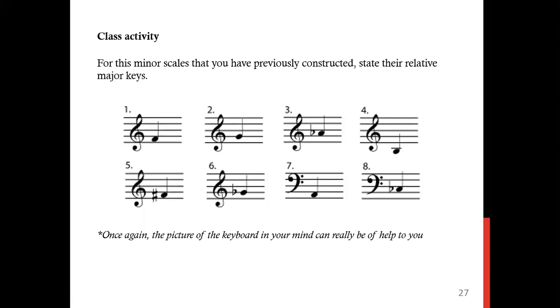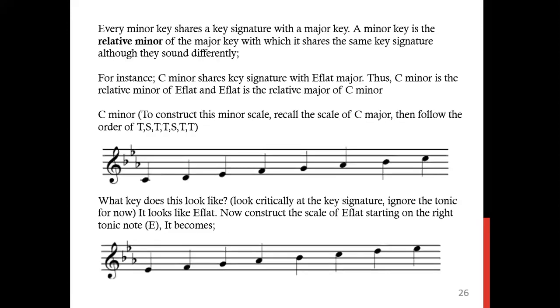You don't need to construct that major scale. Just tell us what it is. For example, the example I gave to you, you don't need to construct E flat like I did here. Just tell me it is E flat. By looking at it, you now know that the relative major is E flat. Okay. All right.